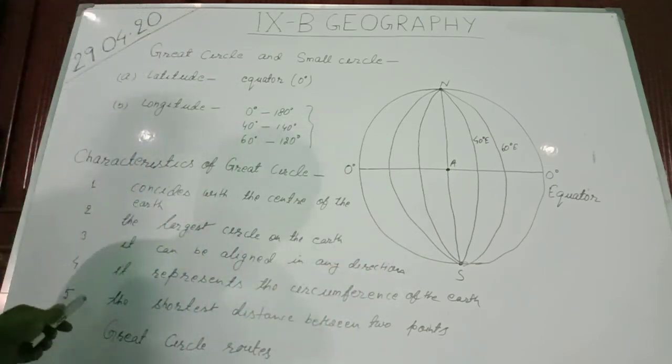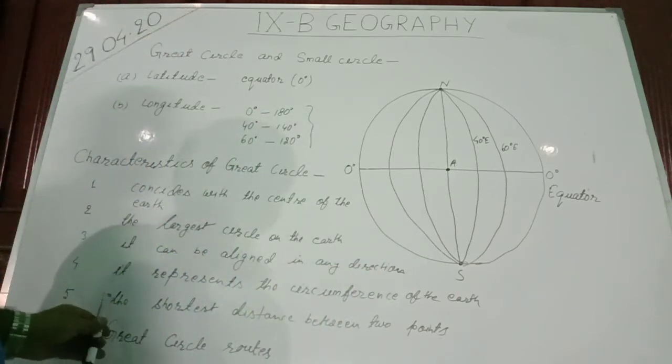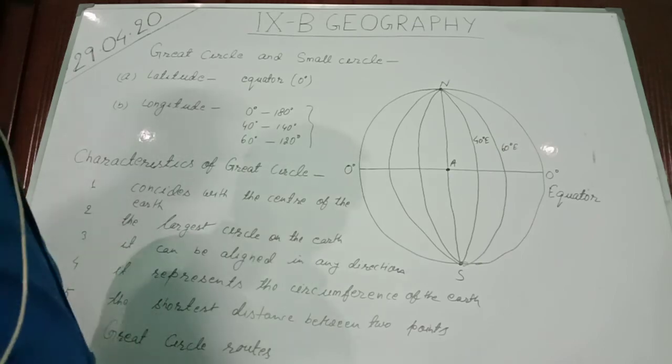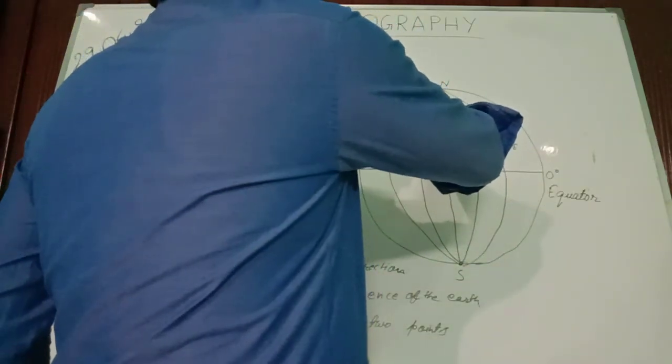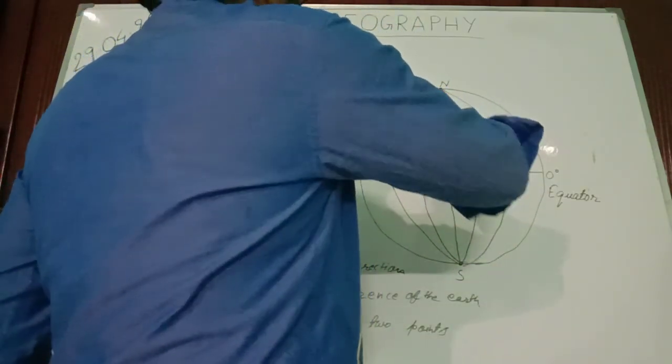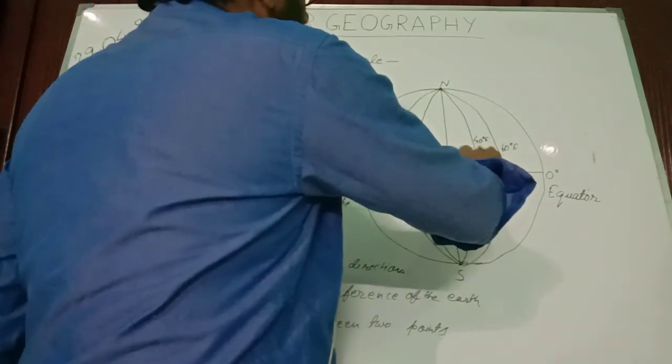Similarly, number 5, the shortest distance. Suppose there are 2 points on the equator, any points.